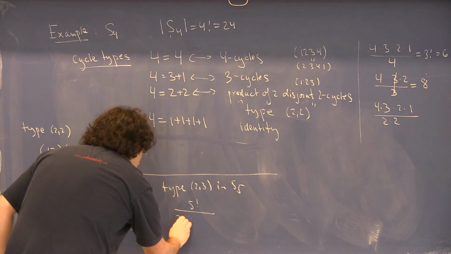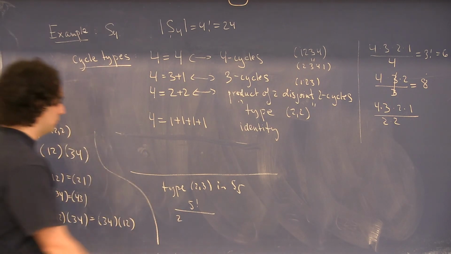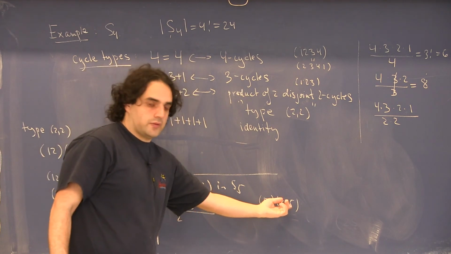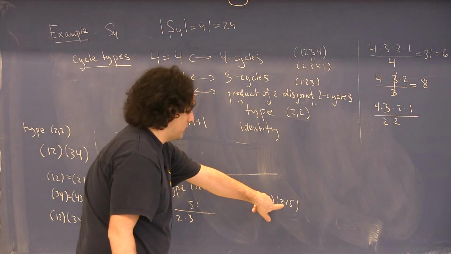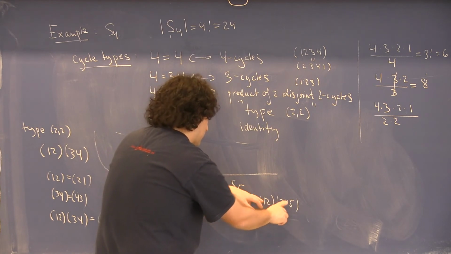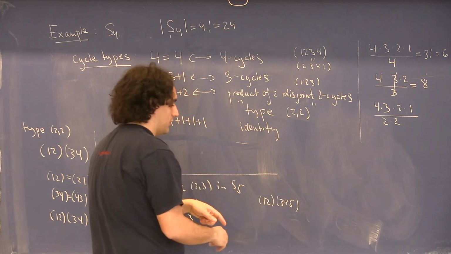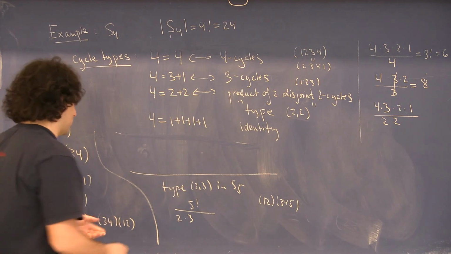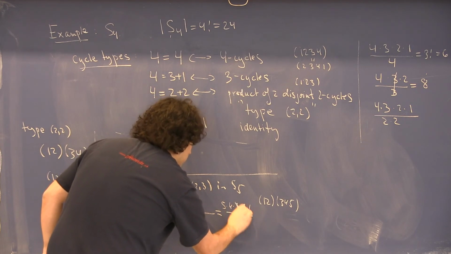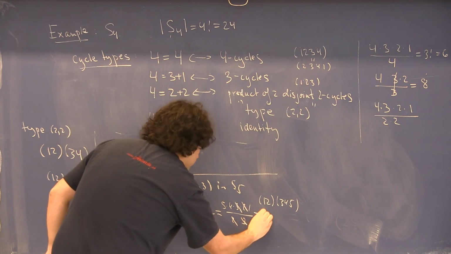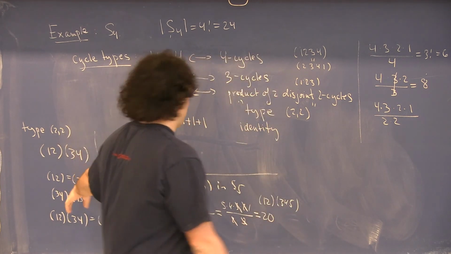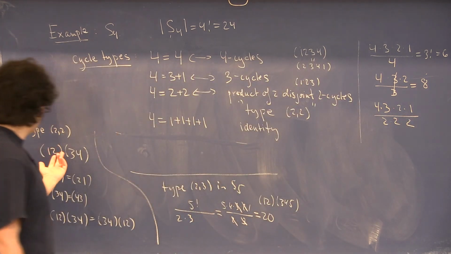I would divide by 2 for (1 2) equals (2 1), and by 3 for the 3 cycle, but I would not divide by 2 again, because I'm counting things that look like this, not things that look like a 3 cycle times a 2 cycle, even though this is giving me the same permutation. So there I would just get 20.